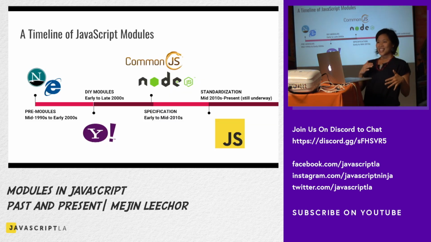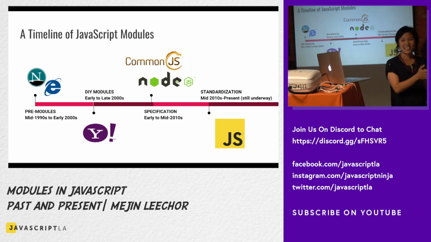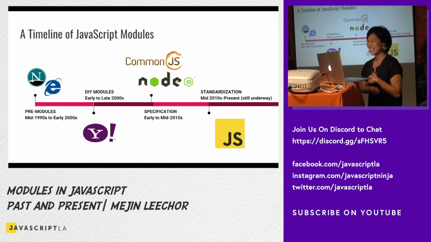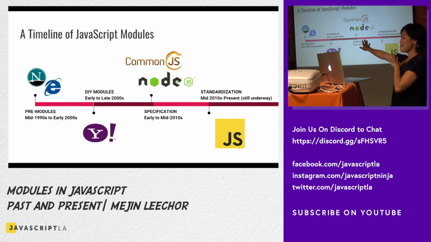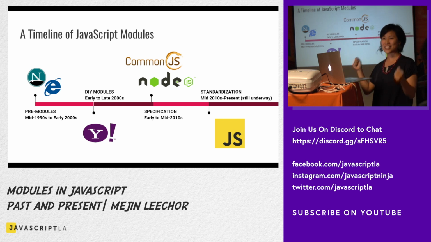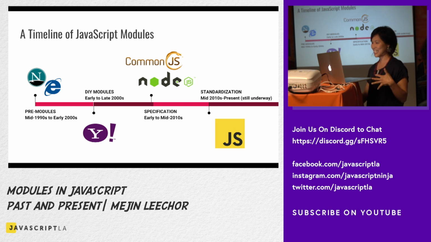So I like to think of the history of JavaScript as unfolding in 4 phases. I made these up. I call them the Pre-Module Era, the Do-It-Yourself module phase, the specification phase, and the standardization phase. And because it is something I made up and because it is a system of chronology, it is not perfect, not precise.